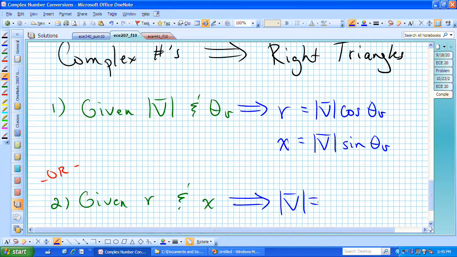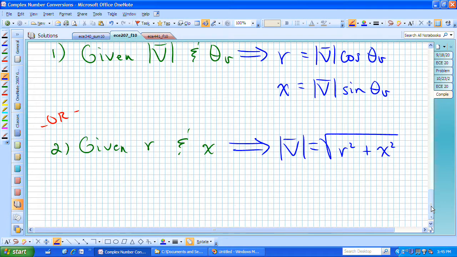Hopefully you remember a squared plus b squared is equal to c squared, which in this case says that the hypotenuse length, or our vector length, is the real part squared plus the imaginary part squared, and the square root of that sum. The angle theta sub v is then the angle that has a tangent of opposite over adjacent, or the inverse tangent of x over r.